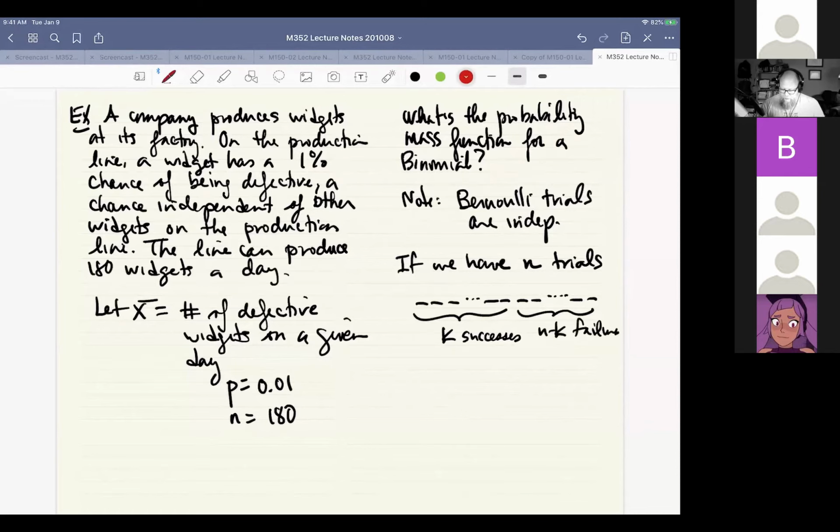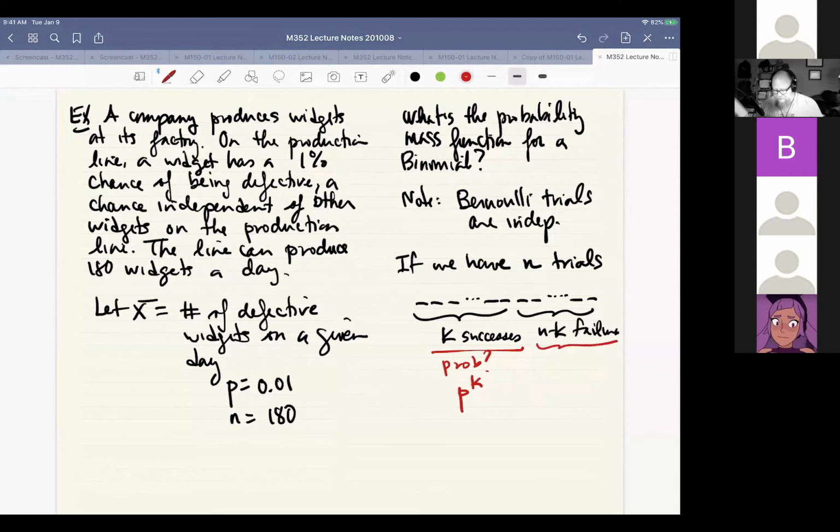What's the probability of getting k successes? Well, if one success has probability p, then k successes has probability p to the k, right? Because the first is a success and the second one is a success, so that's p squared. And the third one is also a success, so that's p cubed, and so on and so forth.